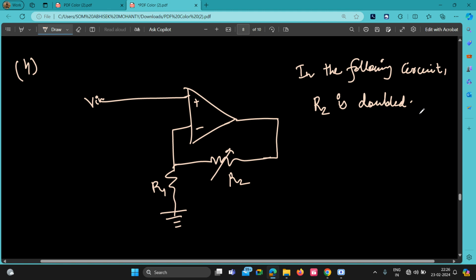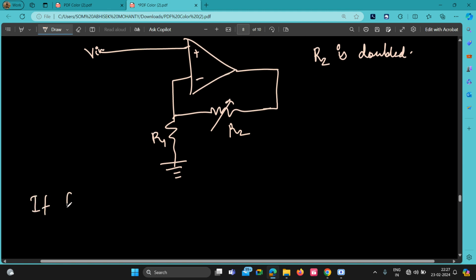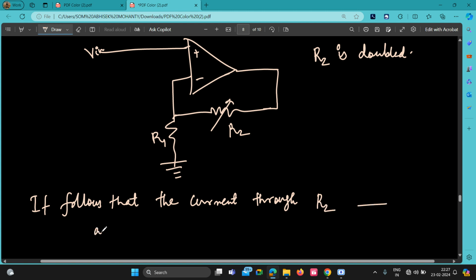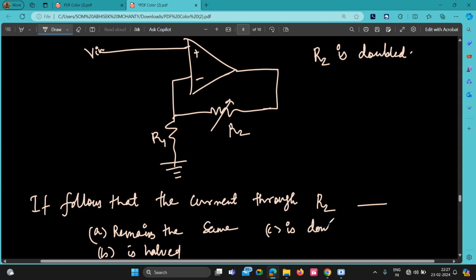The question is, it follows that the current through R2 remains the same, is half, is doubled, or is quadruple. These are the options.